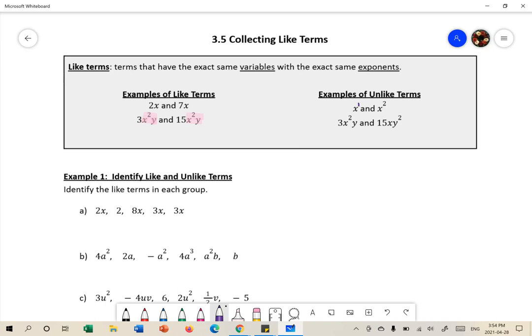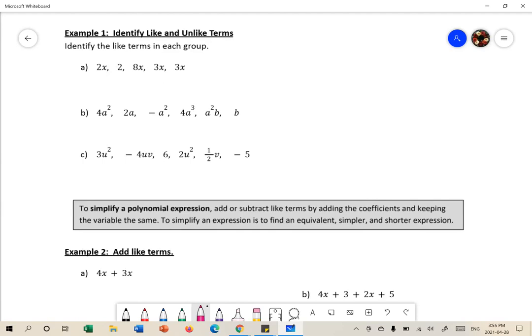And 3x squared y and 15xy squared are not the same. Although they contain x, y, and exponent 2, they're not in the same order. So they're not like. The exponent 2 is part of the x factor in this term, whereas the exponent 2 is part of the y factor in this term.